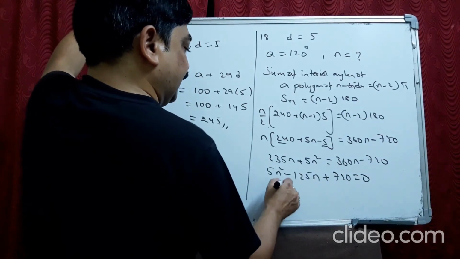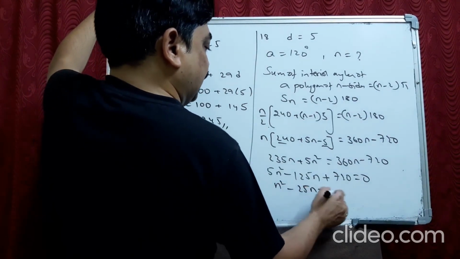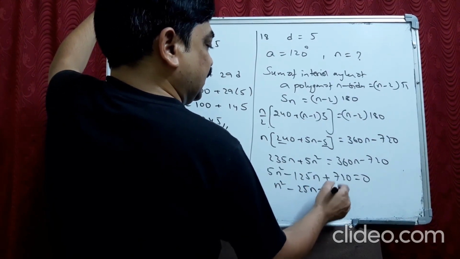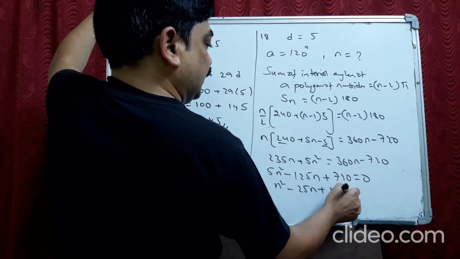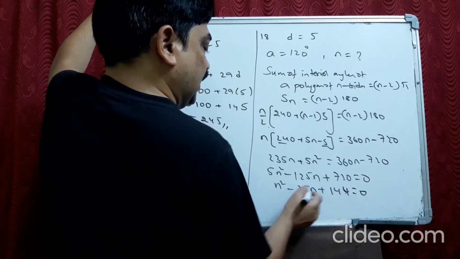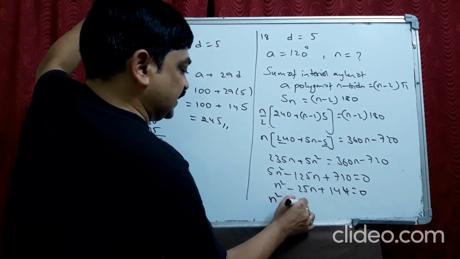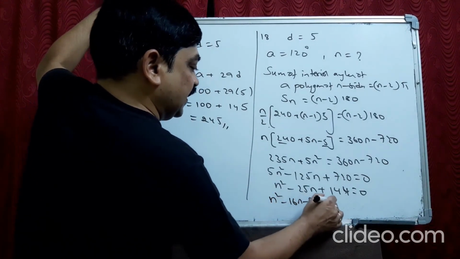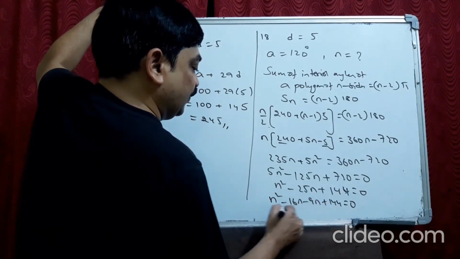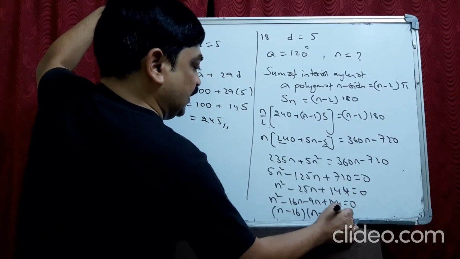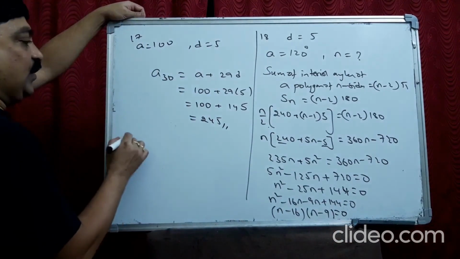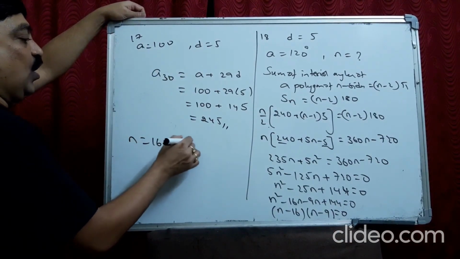Divide by 5. n square minus 25n plus 144. The factors are n square minus 16n minus 9n plus 144 equal to 0. So (n minus 16) into (n minus 9) equals 0. Therefore n equal to 16 or 9.